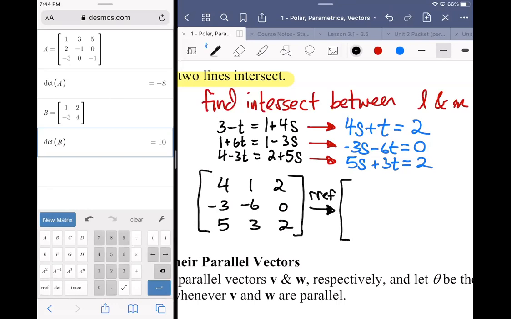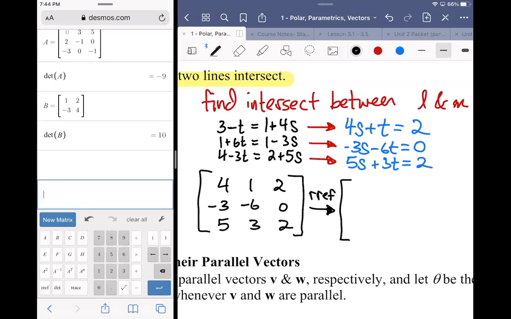Reduced row echelon form is what we're looking for. It's really just going to tell us what the simplified set of coefficients would be for the system of equations. There's a whole lot more to it than that. That's why there's an entire course on linear algebra. But for now, that's a good working definition.